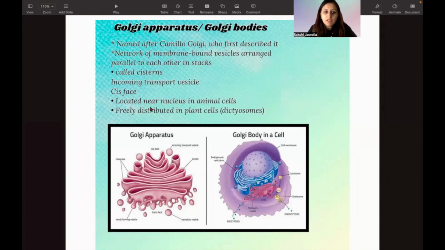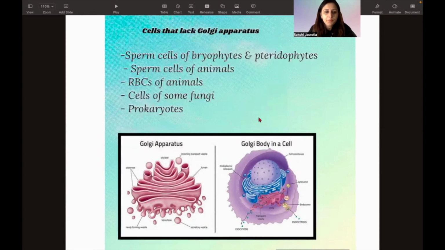Now, the cis phase is located near the nucleus in the animal cell. This is the cis phase which is facing the nucleus. And sometimes in the plant cell we will see a little difference here, that it is distributed freely, and the other name given to it is dictyosomes.